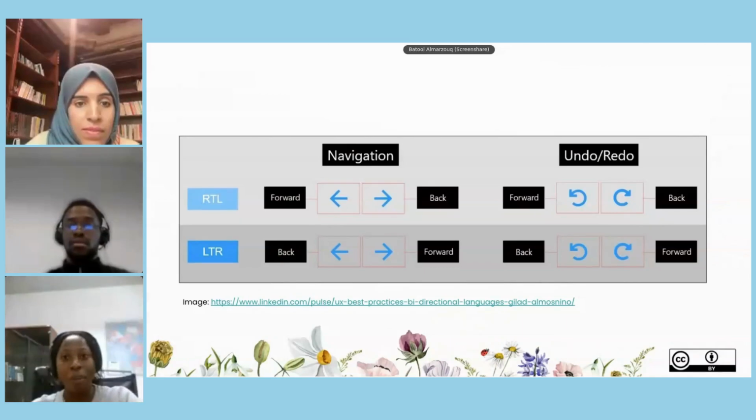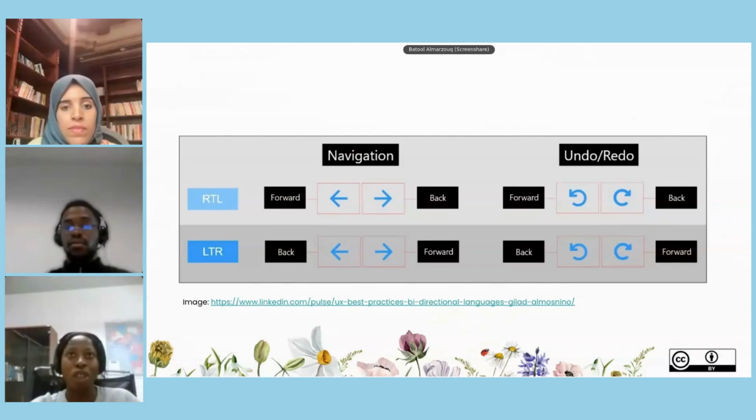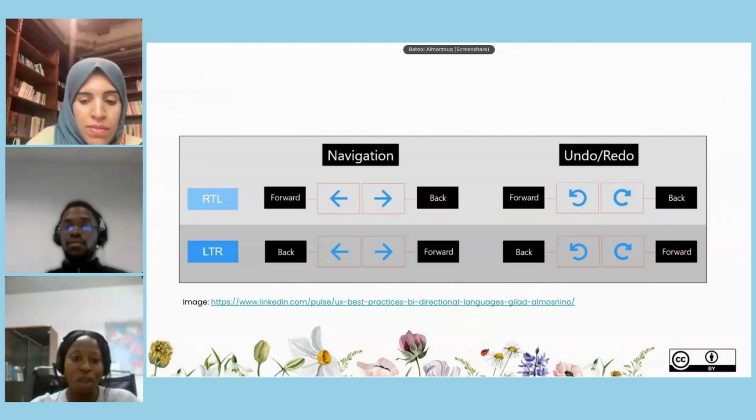And if it clicks on the back button, it's going to get an interaction that goes forward. So there's a conflict there. So in your design, you have to ensure that not just changing the directions of things, the actions behind it is also captured. That's the way to also ensure that your users are actually using the platform that is meant for the language of the user.